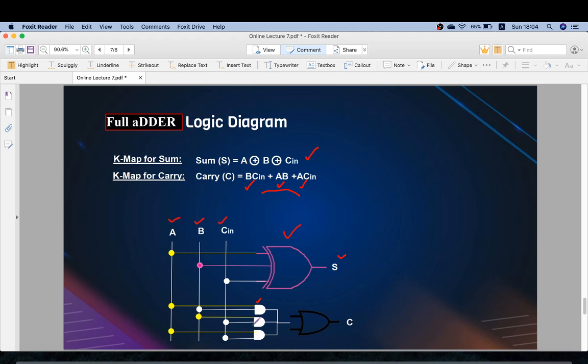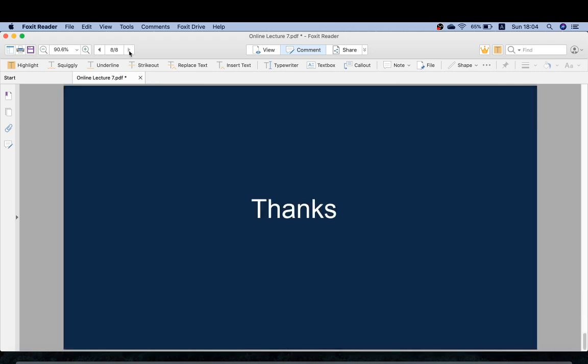So we make 3 AND gates, B C in, A B and A C in, with the 3 inputs A, B and C in. All these outputs will be combined or summed with an OR gate, and the final output will be the output equation of carry C out. So in today's lecture we studied what a full adder is and what the designing steps are for the full adder.